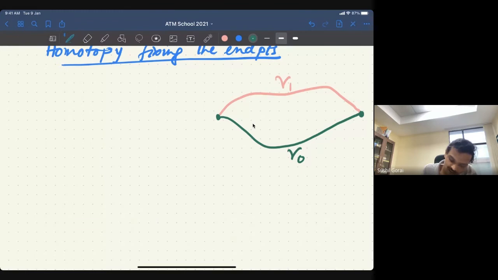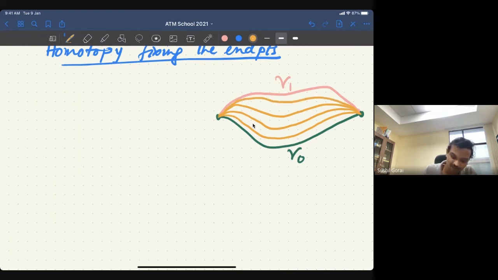All right. So in this case, a homotopy will be, for each s, you have this where the endpoint is fixed, going from gamma 0 to gamma 1.